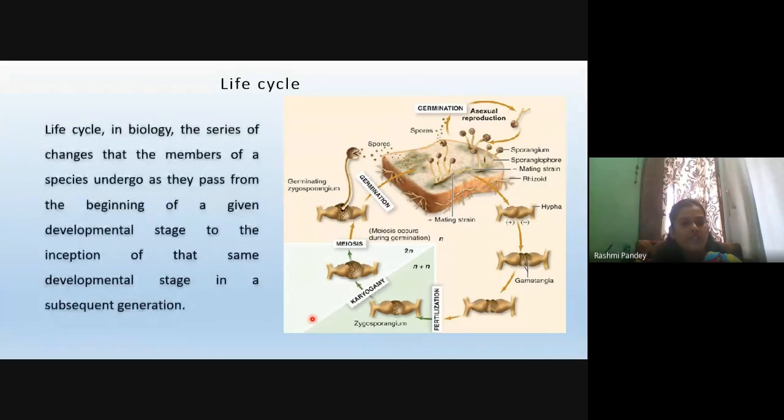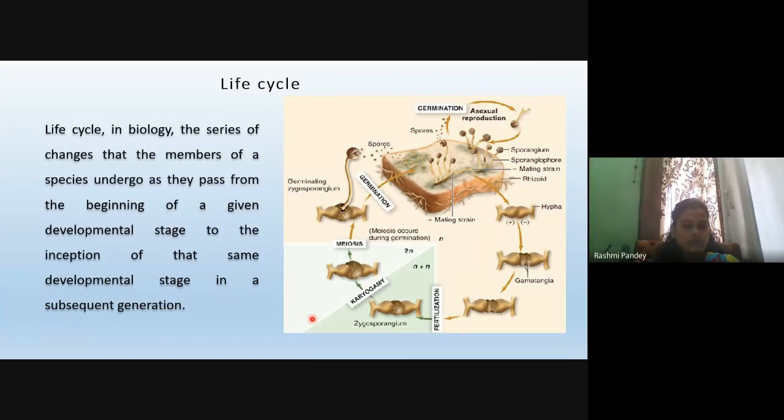So, life cycle in biology is the series of changes that members of a species undergo as they pass from the beginning of a given developmental stage to the inception of the same developmental stage. It is like from egg to hen, then hen to egg, coming back to the same developmental stage. How this process is occurring, that whole thing will come under the life cycle.